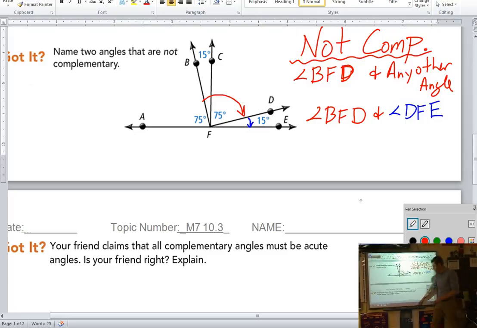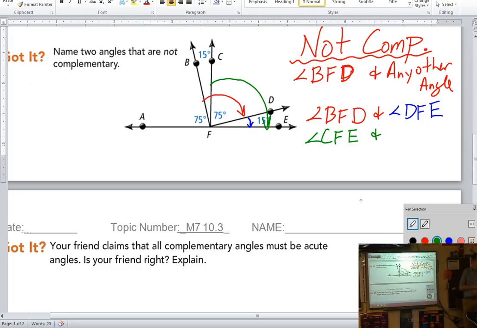Jeremiah, you got a different pair using completely different angles? Oh, no, I think it was the same one. I had CFE. Because if you start with CFE, CFE is this entire angle. It's already 90. So all you have to do is pair another angle with it, and it's not complementary because it's not 90.